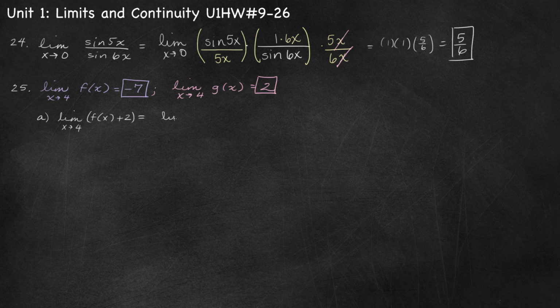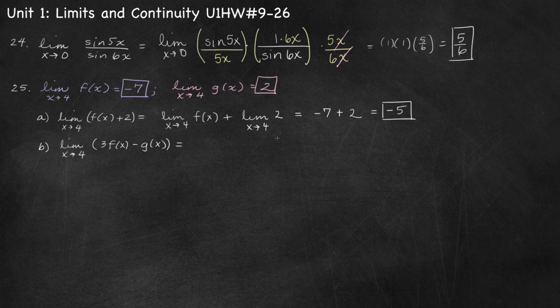This is going to be the limit as x approaches 4 of f of x plus the limit as x approaches 4 of 2. And we're given the limit of f as x approaches 4 is -7, so -7 plus the limit of 2 as x approaches 4 is just 2. So that answer is -5.